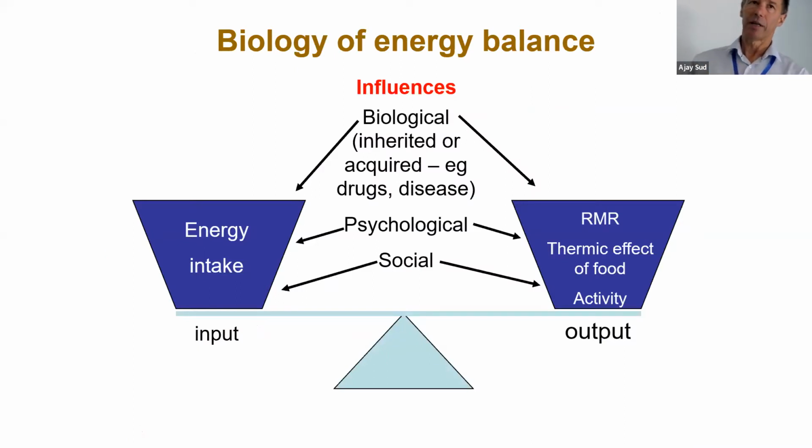We've already heard a little bit about this from Sadaf, but I do think it's important just to remember that the internal biology is really important. To maintain body weight, we have to be in energy balance, but the things that influence energy balance one way or the other, some of those are the biological part, which is partly our genetics, but it may also be other damage to the biology.